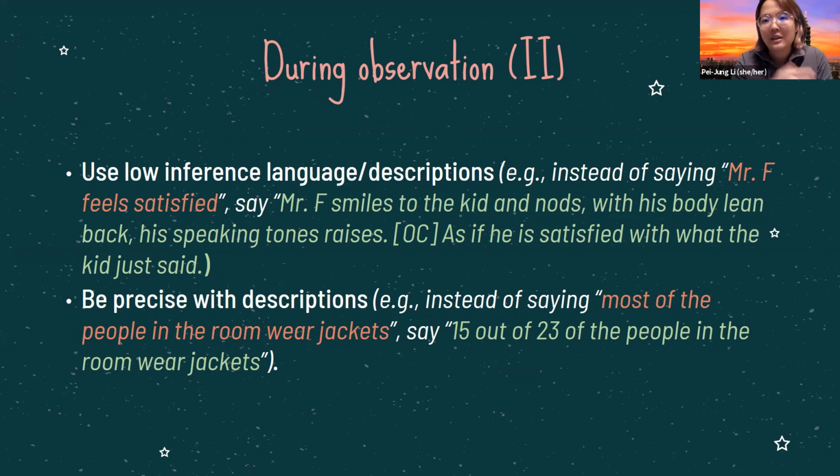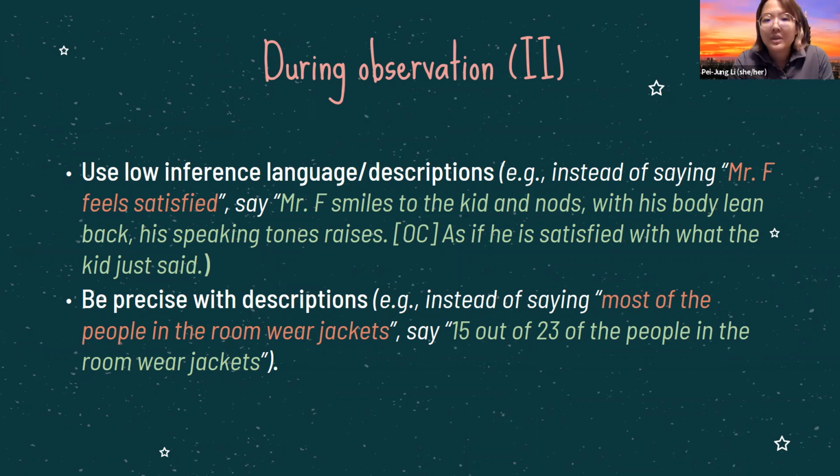So OC, again: as if he's satisfied with what the kids just said. So this is my interpretation of this body language. Maybe he is kind of satisfied. This is not directly what I observed. Again, just researcher's thoughts on what I've seen.